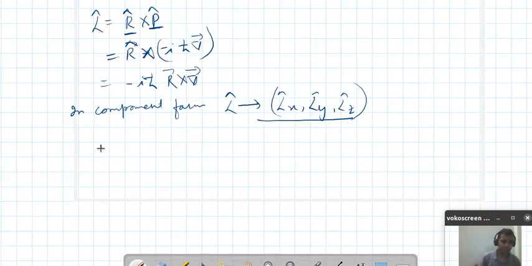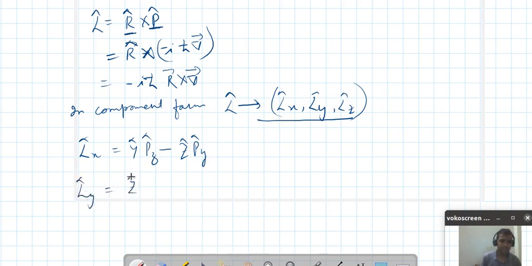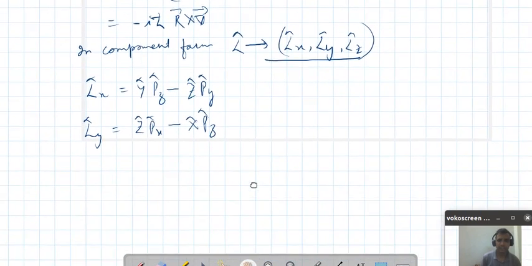Keeping the above equations in mind, we can express the angular momentum operator with different components. The first component Lx is y pz minus z py, Ly is z px minus x pz, and Lz can be written as x py minus y px.